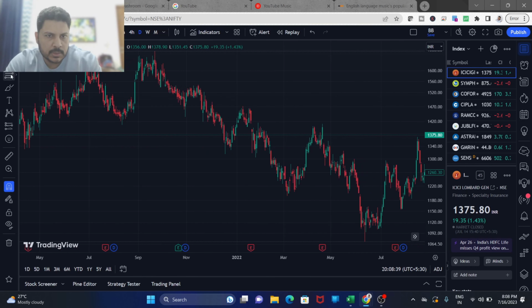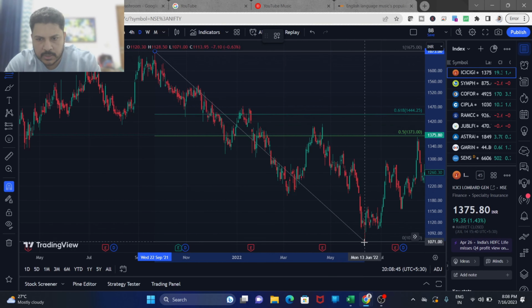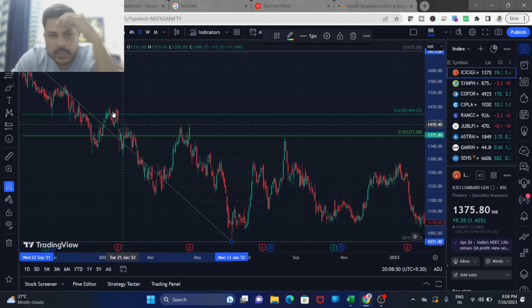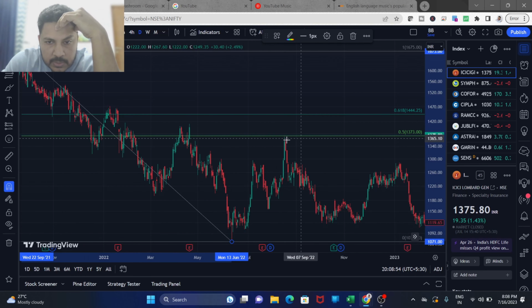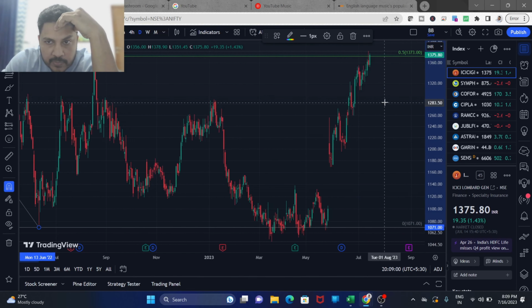Okay, so this is the peak and this is the low which the stock made so far. So let's use this. After marking this, it came exactly to this zone. See this 50%, and from there it dropped. Now again it is coming to the 50% zone.